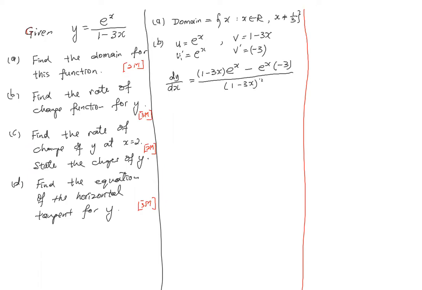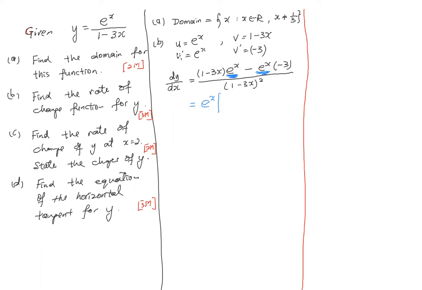So I told you already, we have to take an extra step. We have to factorize it, correct? This is the common factor. So take out the common factor.